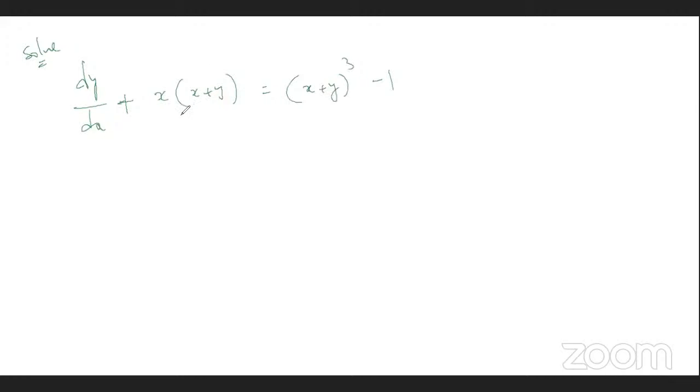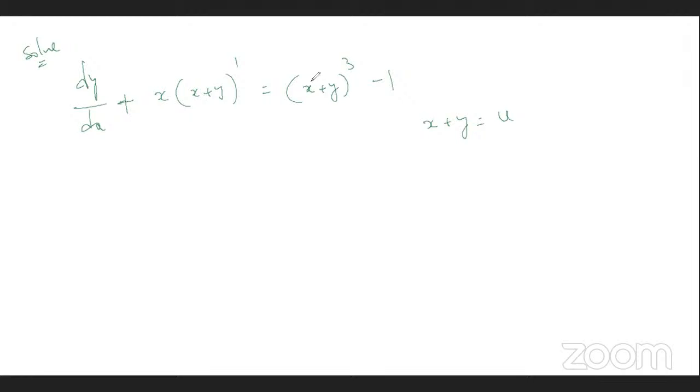And here what you do is, in the differential equation it looks like x plus y terms are there. Is it right? X plus y power 1, x plus y whole cube. Right? So that's why what I do is I will take x plus y as u. Then what happened? I will check it.